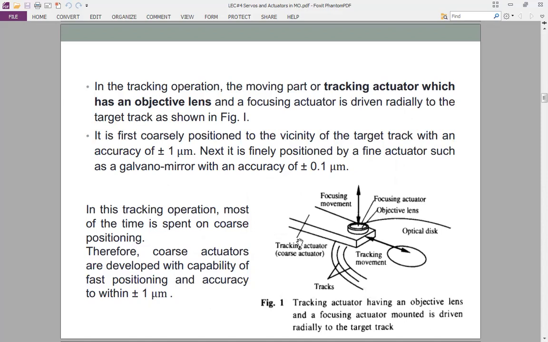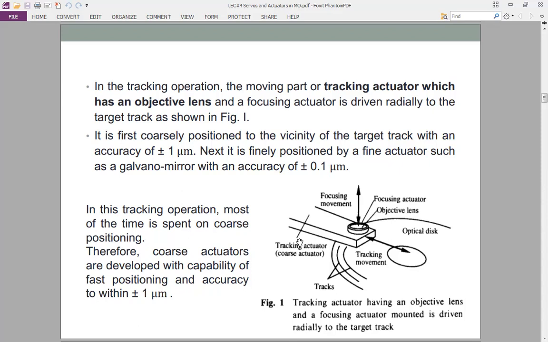Okay, I think that's common sense because tracks are normally concentric. And so for you to locate the correct track, you must have the laser moving along the radius. So that is what we're talking about, that the tracking actuator moves radially as it locates the correct track.